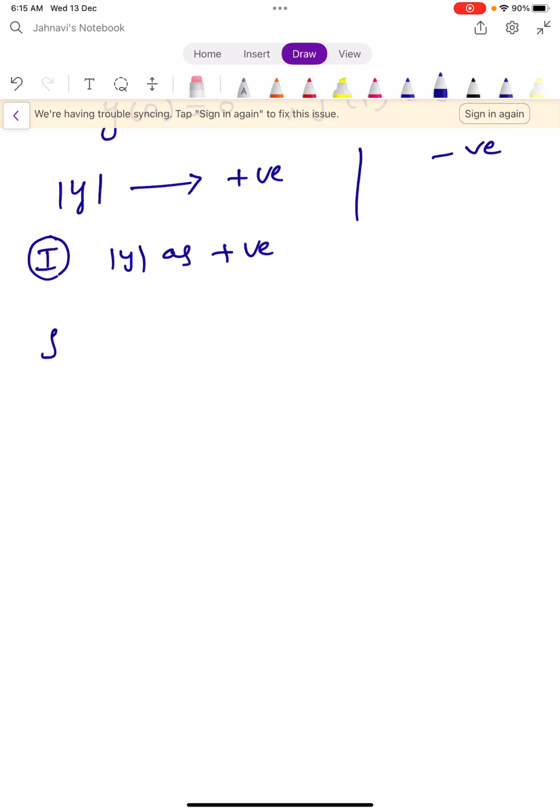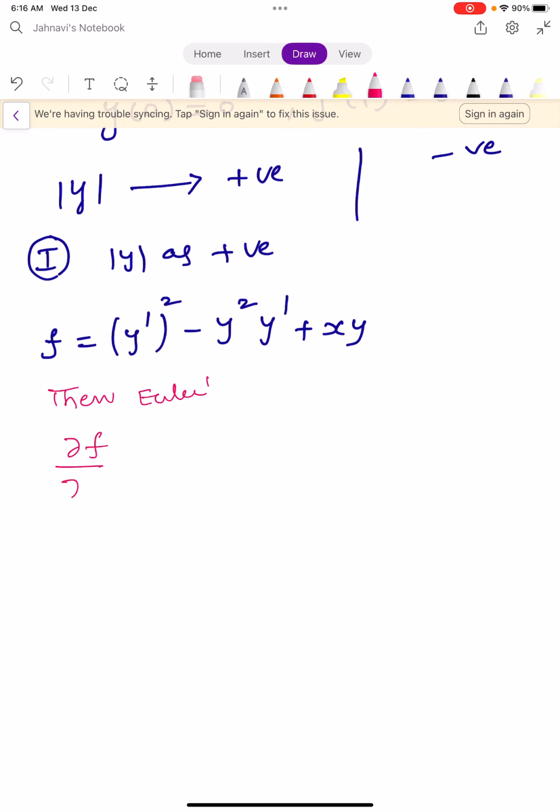Then the integrand f becomes y dash square minus y square y dash plus xy. Then the Euler equation becomes dou f by dou y minus d by dx of dou f by dou y dash is equal to 0.